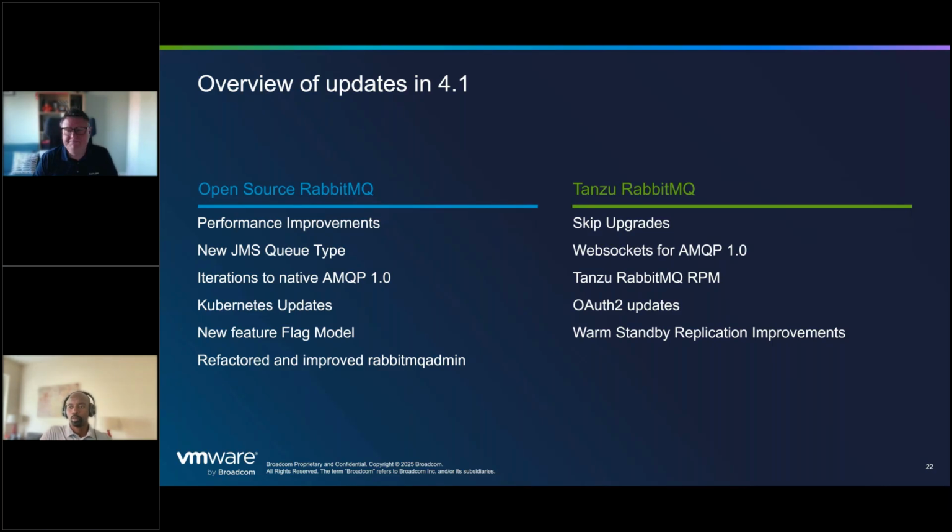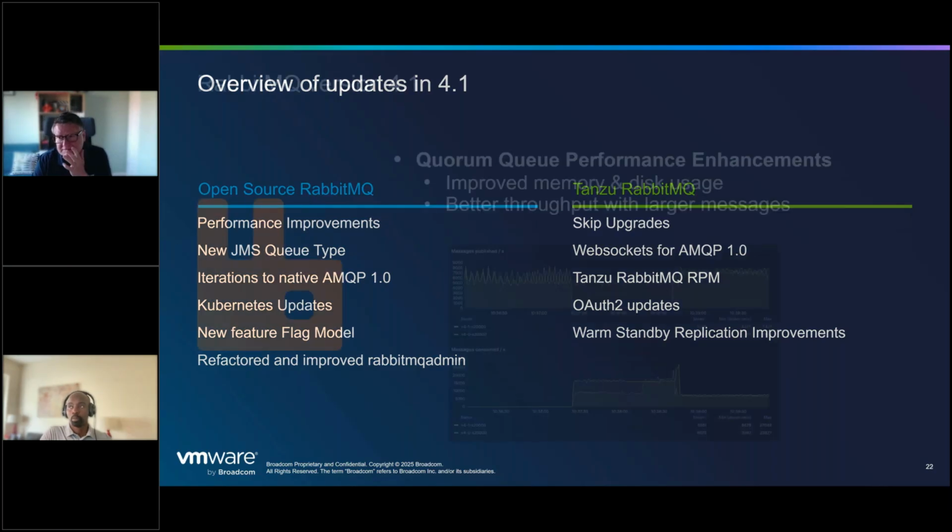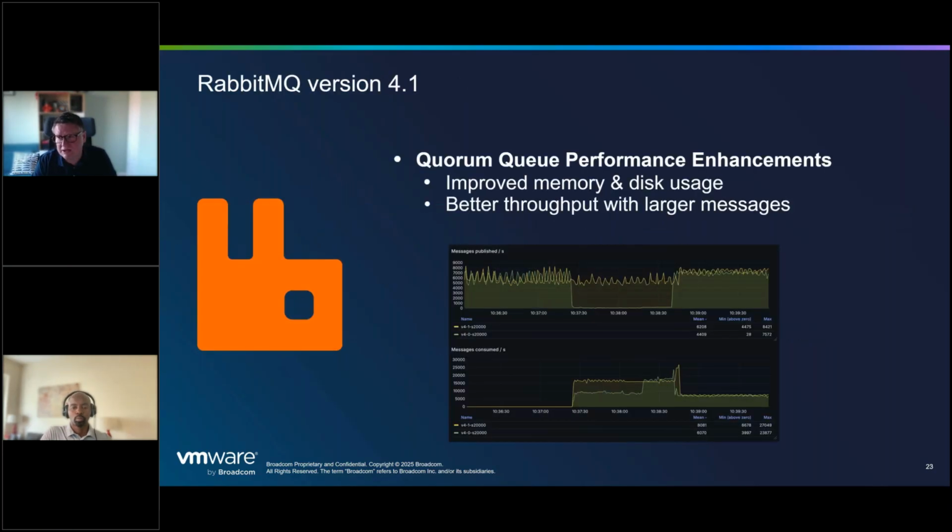The headline that I started off with was the CorumQ performance improvements. There are two fundamental changes that the team have made that contribute to this. The first one is offloading the disk reads, bearing in mind that CorumQs are a durable queue type.